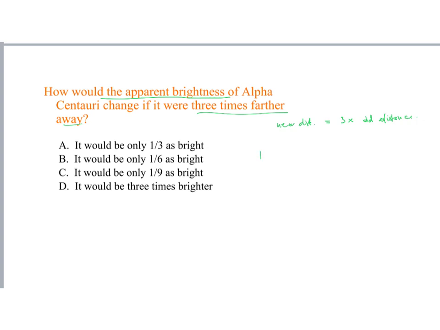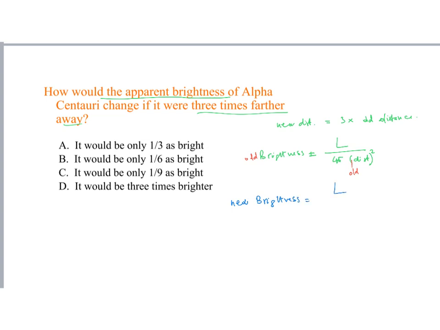So remember, brightness is luminosity of the star divided by 4 pi distance squared. Okay, so we have old brightness, it's going to be old distance. How about new brightness?